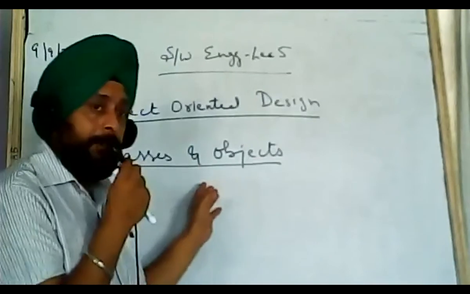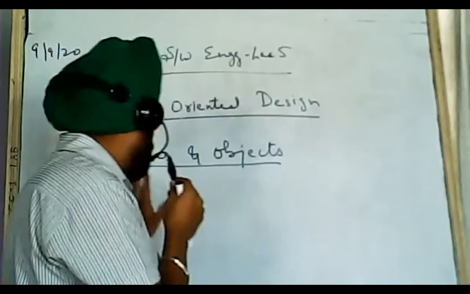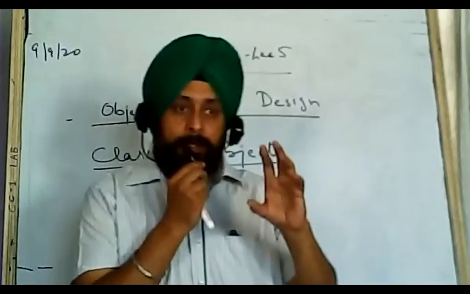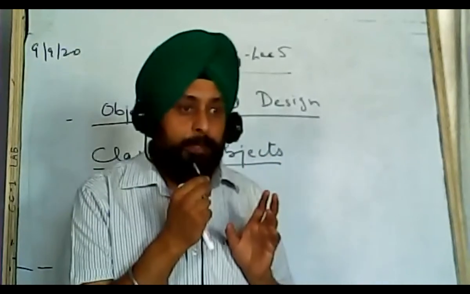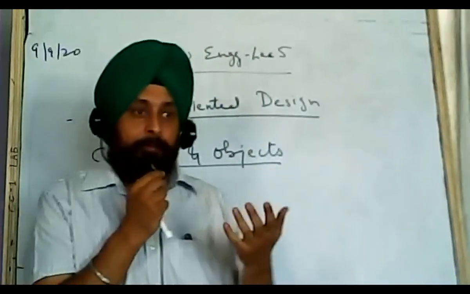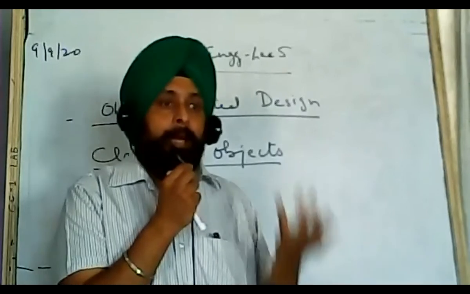So classes and objects. We have to see all this in the concept of what was the class and what is the object. All the characteristics of a class are defined through the data members of the class. And all the behavior of the objects of the class is defined through the functions or methods.